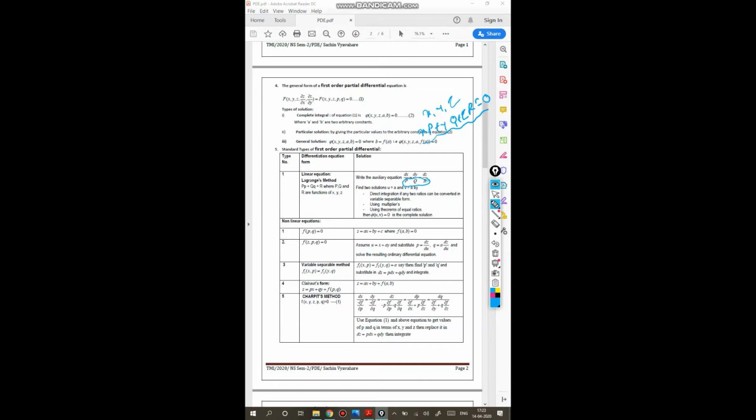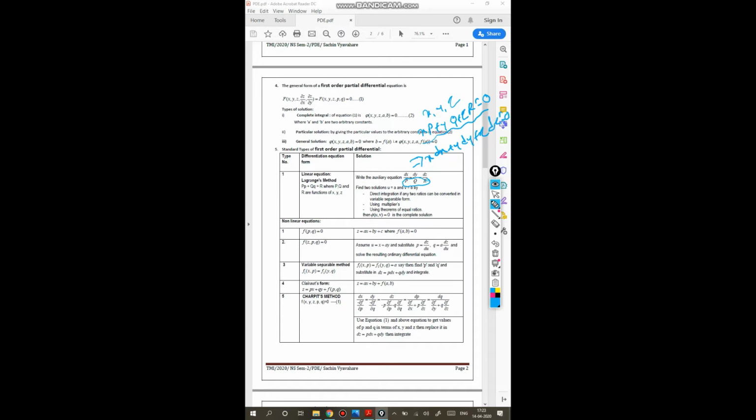That's the important thing. Now, the theorem of equal ratios says whenever you select the multiplier so that the sum of the denominators is 0, the sum of the numerators should be 0. This is important. That will give you directly x dx plus y dy plus z dz should be 0.